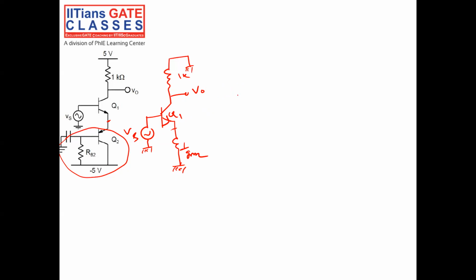The T model says this is base B1. From B1, I have a resistance 1 by GM1. This is my emitter E1, and from emitter E1 to ground, I have resistance 1 by GM2.